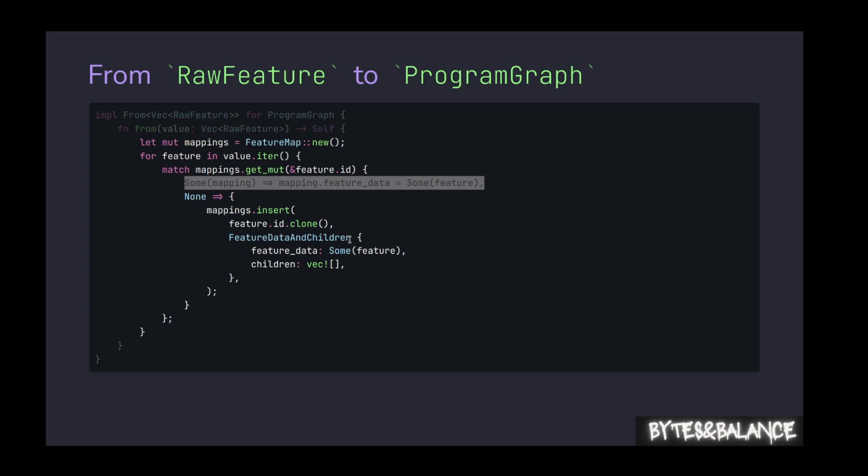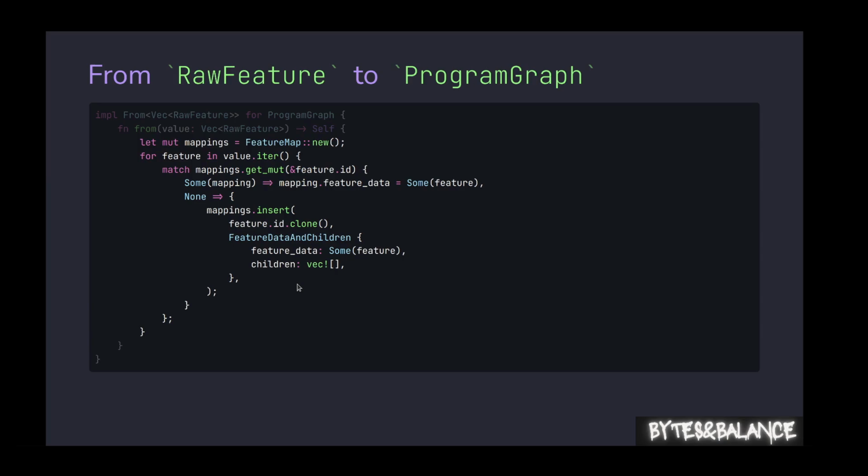This process is there to help us have all features properly added or updated in the map with the respective parent-child relationships. Bear in mind that we have a placeholder for the parent-child relationship here with this empty vector, but it hasn't been filled yet. So we're going to do this next.